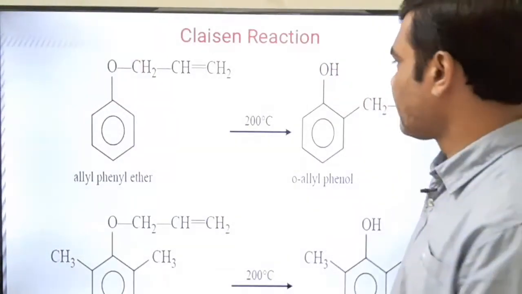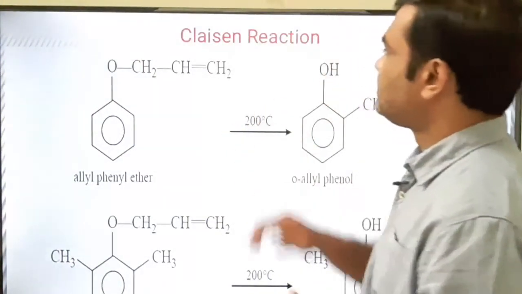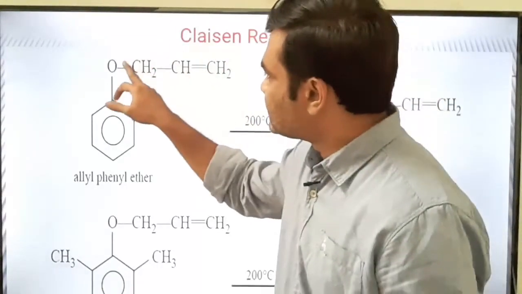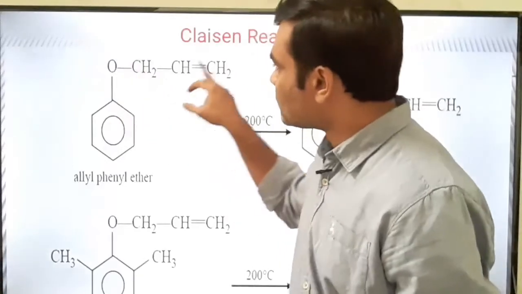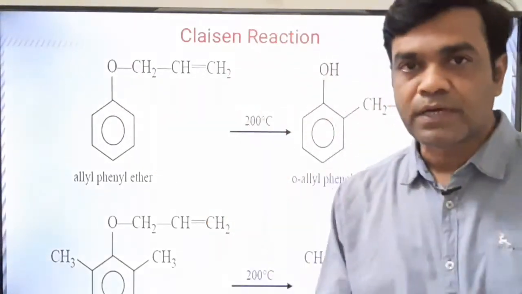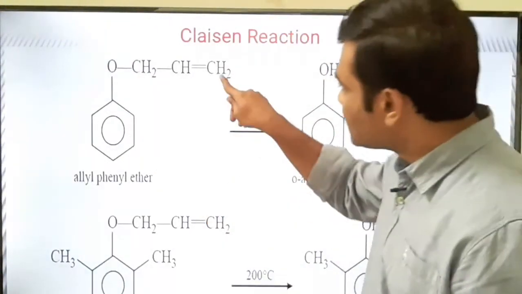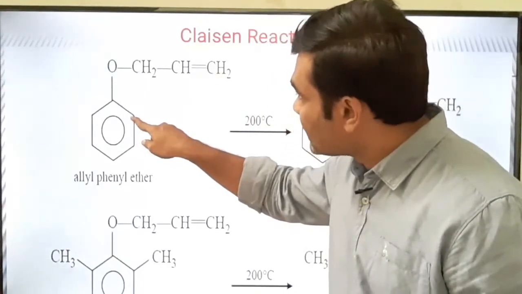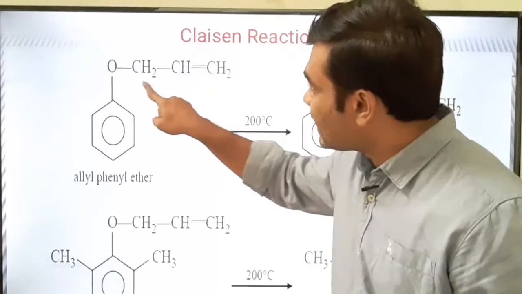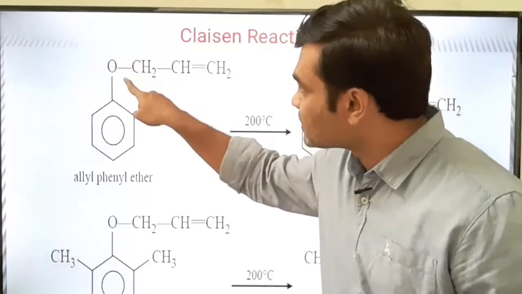Allyl phenyl ether, when heated, the migration, very important, this transfer of the allyl group to the ortho position takes place with inversion of configuration. Inversion of configuration means this carbon is linked to this carbon, this pi bond gets shifted here, and the detachment of this carbon-oxygen bond takes place.